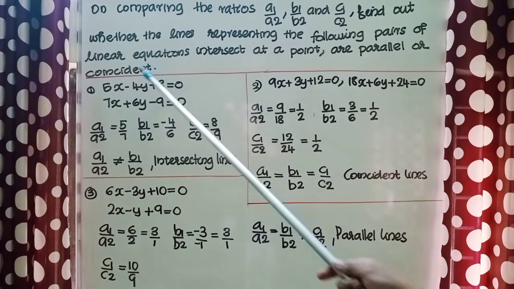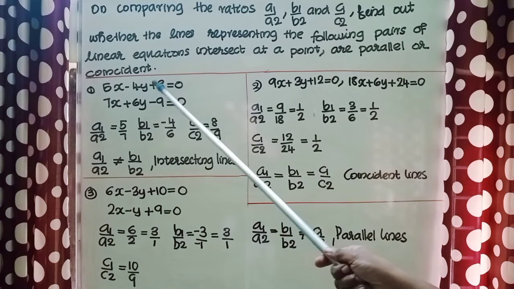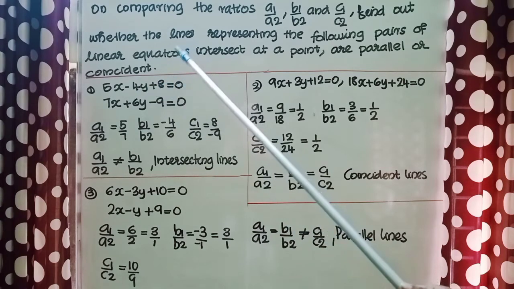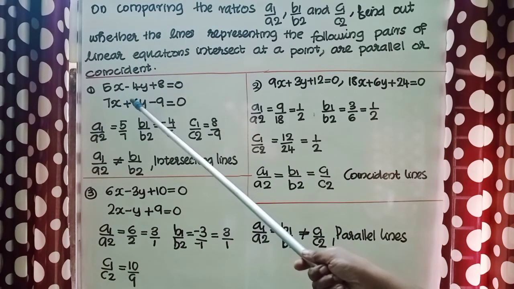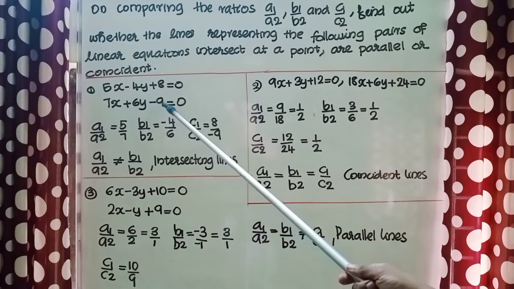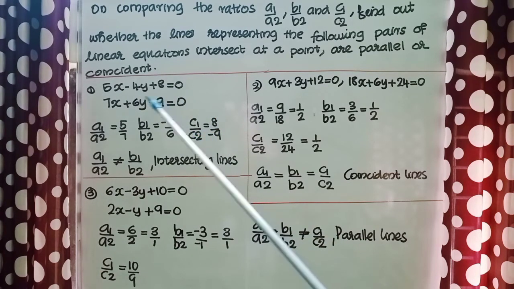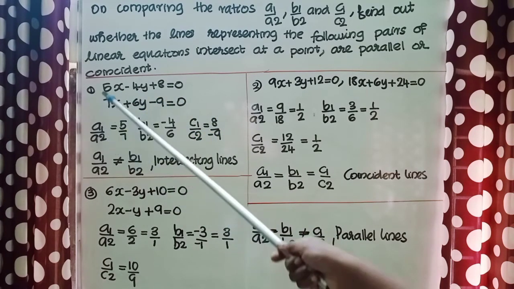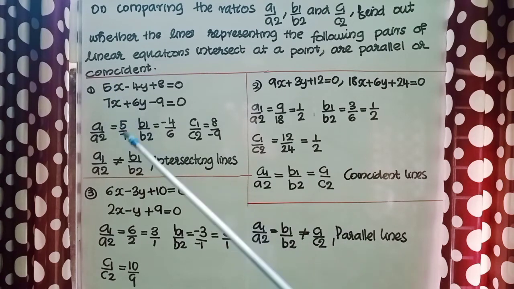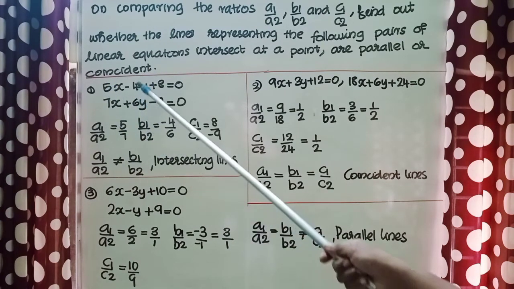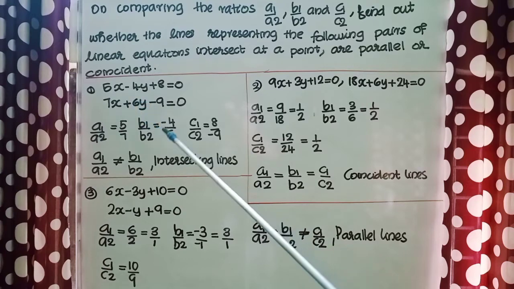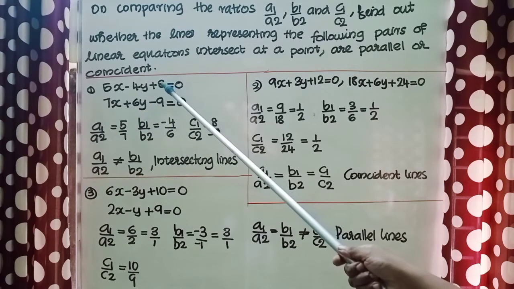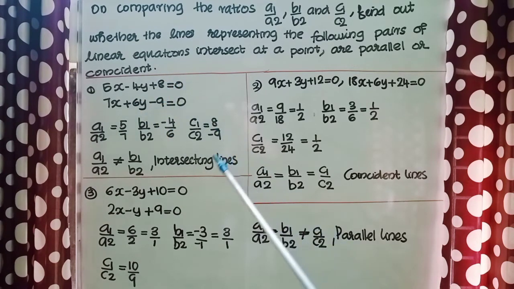First question, 5x minus 4y plus 8 equal to 0, 7x plus 6y minus 9 equal to 0. Here a1 by a2 equal to 5 by 7, b1 by b2 equal to minus 4 by 6, c1 by c2 equal to 8 by minus 9.